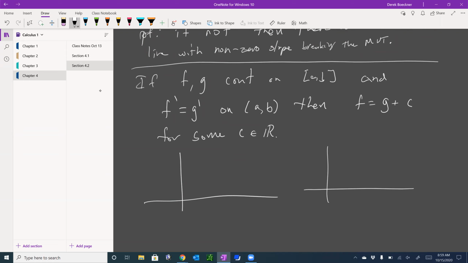So here's f, and we know that the derivative of f is the same thing as the derivative of g. So the direction you're going at any point in time for f is the same as the direction you're going for g at any point in time. So if you go up for f and then you go down and you go up, you have to go up and down and up for g, right? And if the derivatives are exactly the same, then any change in direction happens at exactly the same time. So the only way that you can be different is if you start at different points.